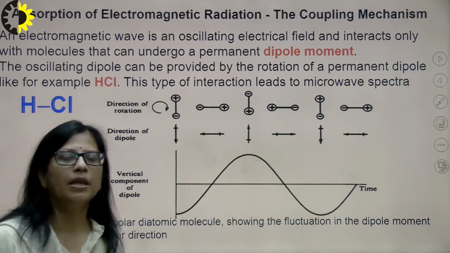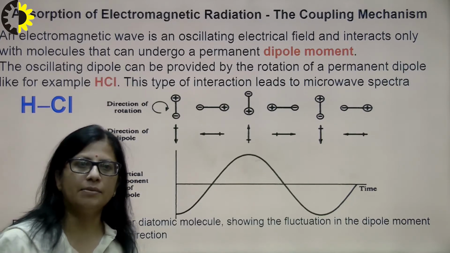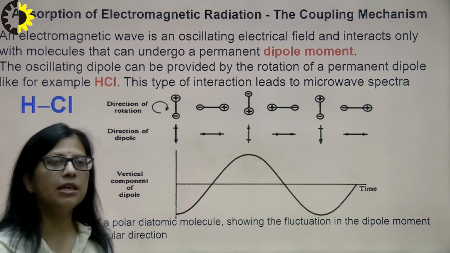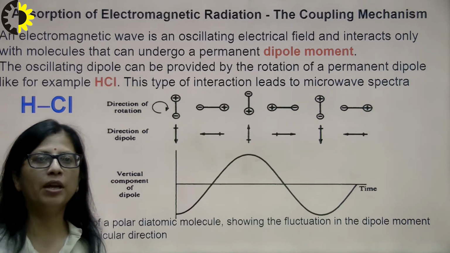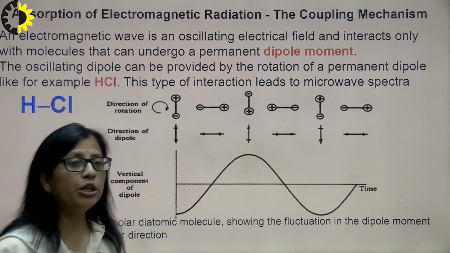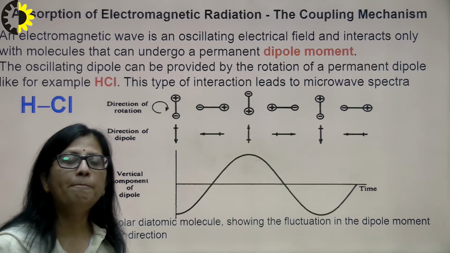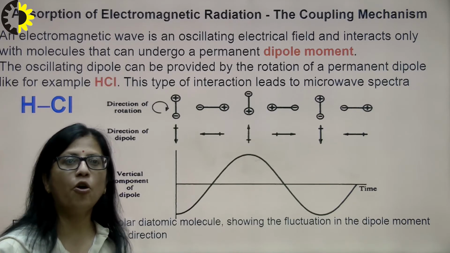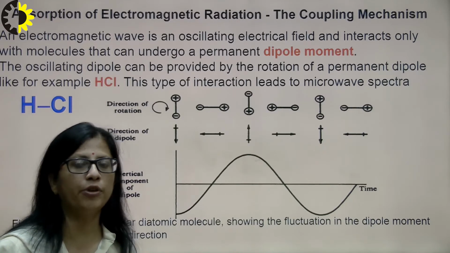Now, coming to the mechanism, how the absorption of electromagnetic radiation takes place in the microwave region. A molecule which has a permanent dipole moment generates an oscillating electric field on rotation.